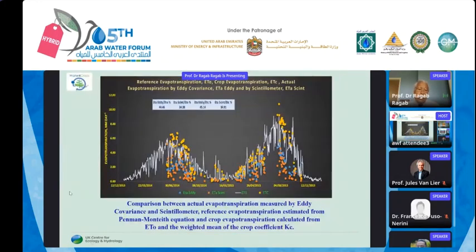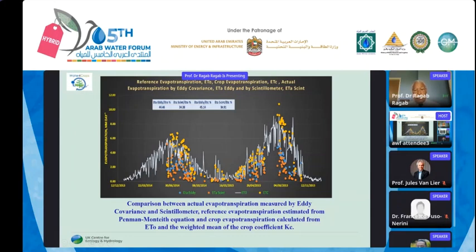When we compared what we obtained from the scintillometers and the eddy covariance, you can see here the reference evapotranspiration, ET0, which is the continuous gray line. The red and blue lines, the scintillometers and the eddy covariance, are quite low compared to the ET0.